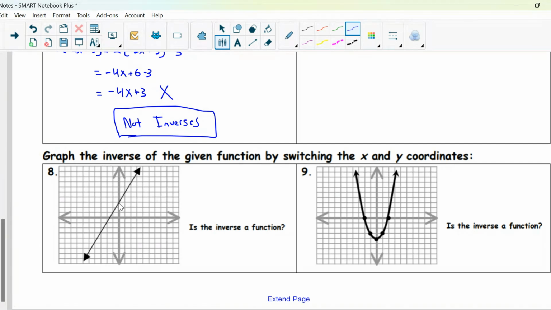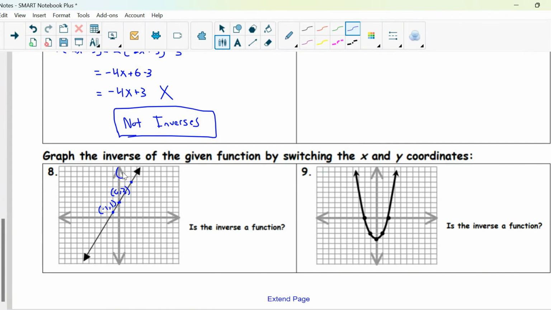So what I'm going to do is find a couple good points within my graph that cross nicely. For each of these points, I just picked 3 of them. You can pick more if you'd like. I'm just going to switch my x and y values. So if I write my ordered pairs, I would have negative 1, 1. Right here, I would have 0 and 3.